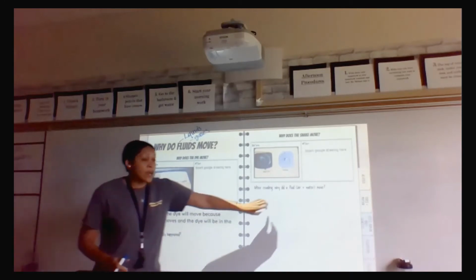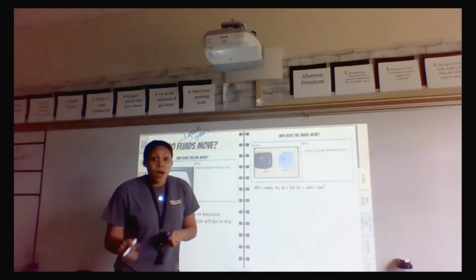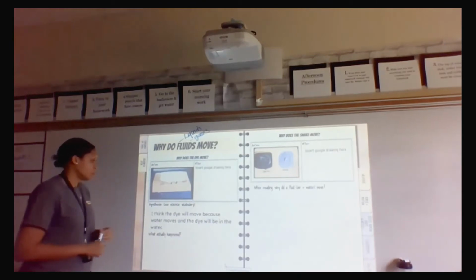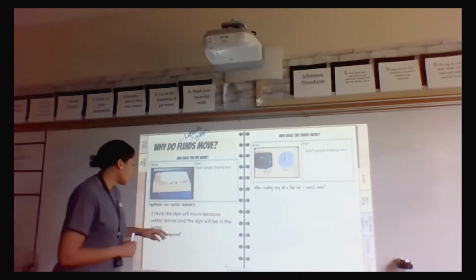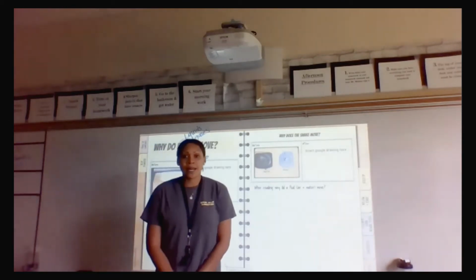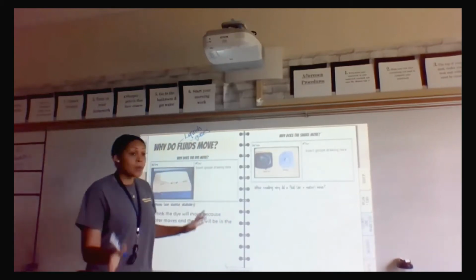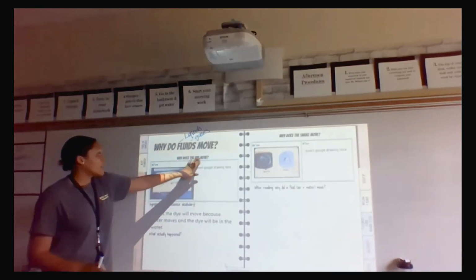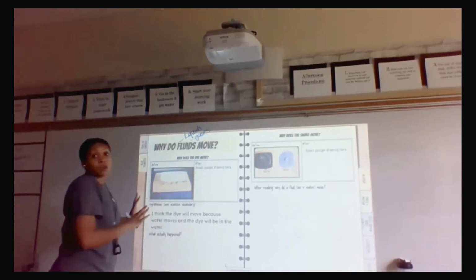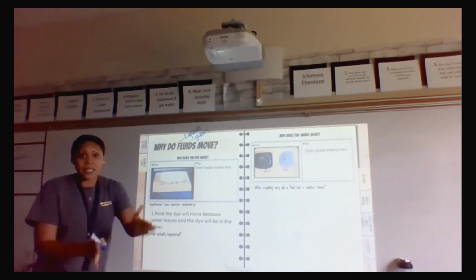All that matters is that when you get to the last step, you understand what happened in the experiment and what convection is. I've already filled in my hypothesis. What I want you to do is fill in yours. Don't write mine down because it's wrong, okay? Remember, you're saying, why do I think the dye moves? We have ice and we have hot water. Why do you think the dye is going to move when it enters the bucket with ice and hot water?